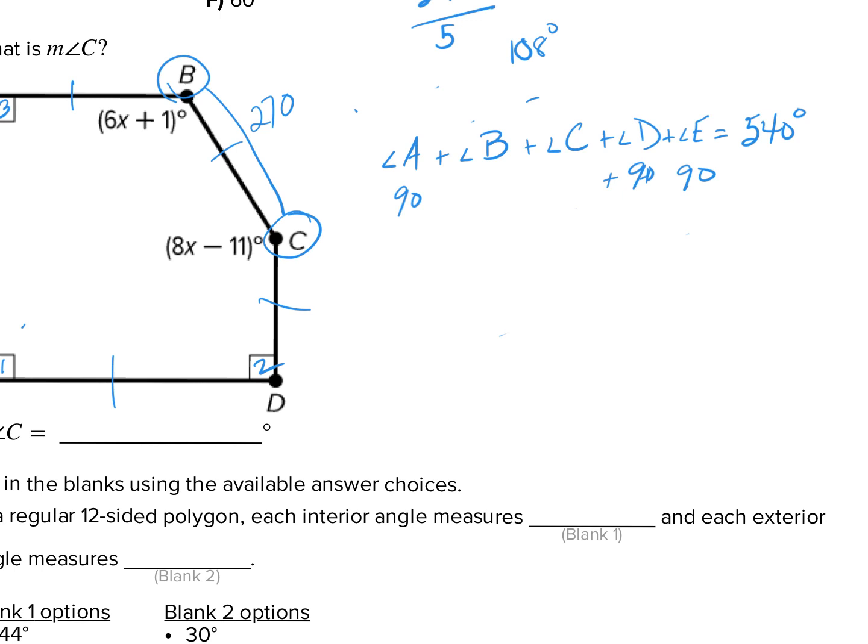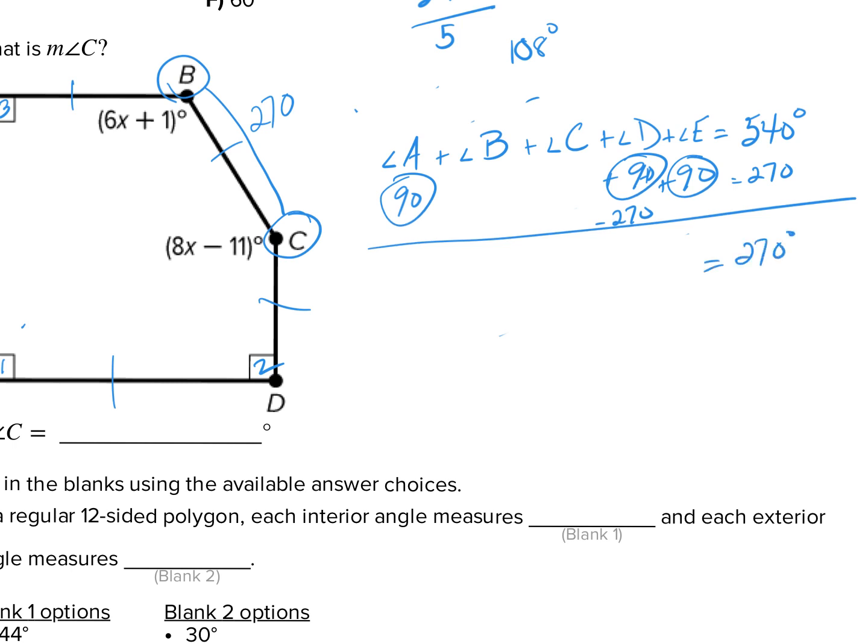So what I did was I added 90, 90, and 90 already and subtracted the 270 degrees from both sides, leaving me with 270 degrees, and the only angles I have remaining are angles B and C. So angle B, what's left?